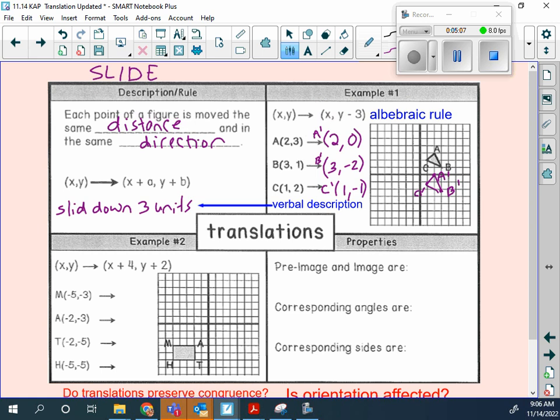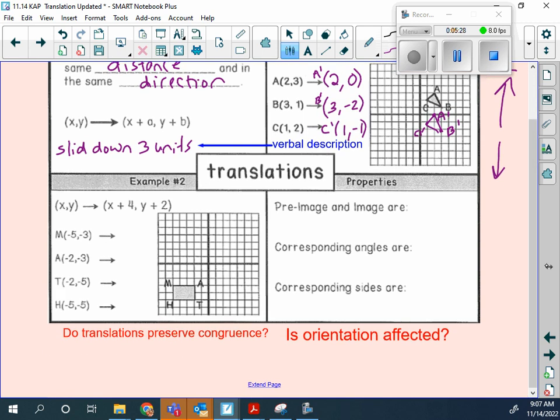I know. If you're not sure, make your hand into an L like this. This is your left hand, okay? Your other one is the right hand. That's going to be important. This is up, this is down. If you can remember that, it's easy. Okay? I promise. Translations are easy. All right? Okay, let's look at the next one.